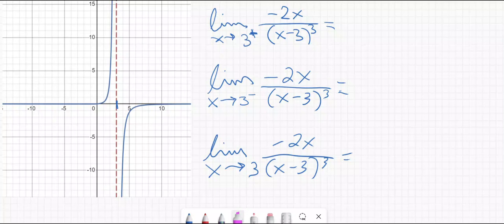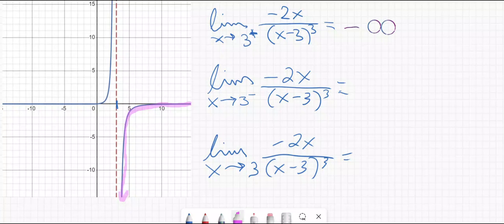So as we come along on this graph, from way out here, the closer we get to 3, the function value, or the graph itself, appears to be getting smaller and smaller and smaller, right? If you pick a number bigger than 3, like 3.00001 minus 3, you get a really small number. You're dividing by a really small number. That's going to fit in there a lot of times. So it looks like, and we can see on the graph, that this is tending towards negative infinity.